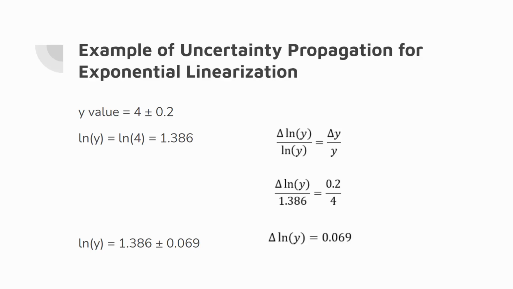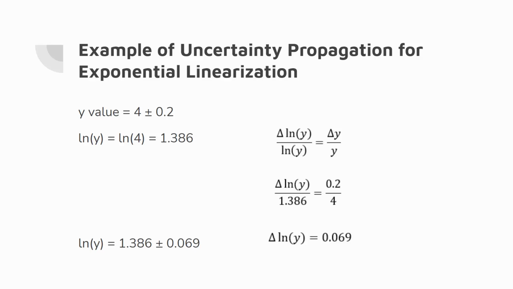The natural log of 4 is 1.386. Okay. I typed that in a calculator. That's what we found. So we're going to use this equation here. We're going to say that the percent uncertainty in the natural log of y is going to be equal to the percent uncertainty in y itself. Okay, this should look familiar to you. It's similar to what's on the data booklet, but it's a little bit different. It's simpler, though, even. So we're going to plug in everything we know. We know the value of the natural log of 4. We know 4, and we know that the uncertainty in that 4 is 0.2. Right?